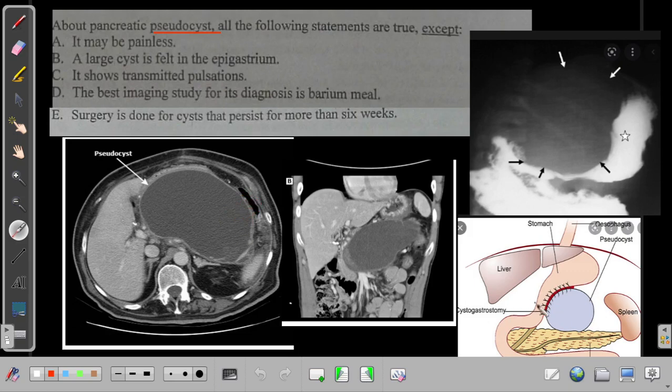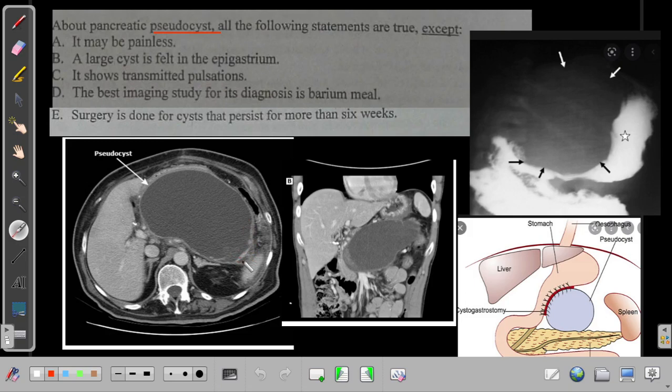After 6 weeks, the wall is tough enough to hold your suture. Before 6 weeks, it will not hold your suture. And if you wait for 6 weeks, about 70% of the cysts will resolve spontaneously and you will need no drainage. So we have to wait for 6 weeks for the granulation tissue to be tough enough to hold suture.